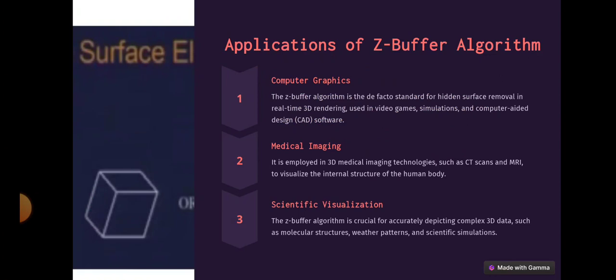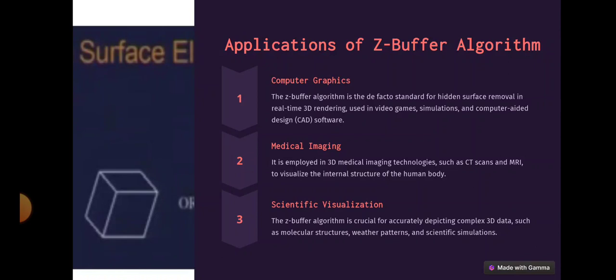Hidden surface removal is fundamental in applications including video games, computer aided design or CAD, virtual reality, and simulations, where rendering realistic scenes in real time is crucial for user experience and interaction. In computer graphics, the Z buffer algorithm is a de facto standard for hidden surface removal in real time 3D rendering, used in video games, simulation, and computer aided design software.